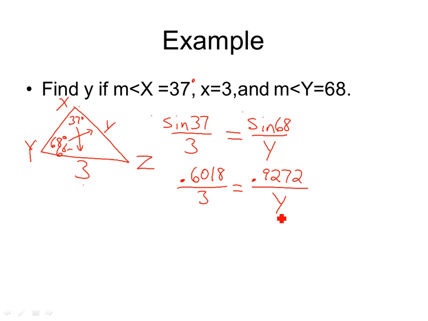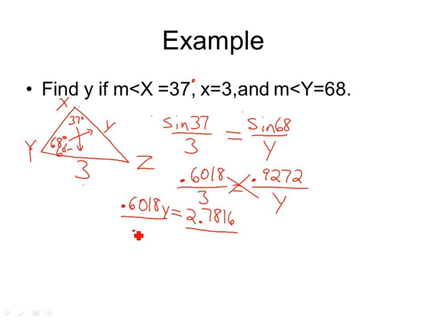You cross multiply, you get 0.6018 times y equals 3 times 0.9272. Do this on your calculator, and you end up with 2.78. It only goes out 4 places, so I'll just write them all down, and then we'll round it all off at the end.